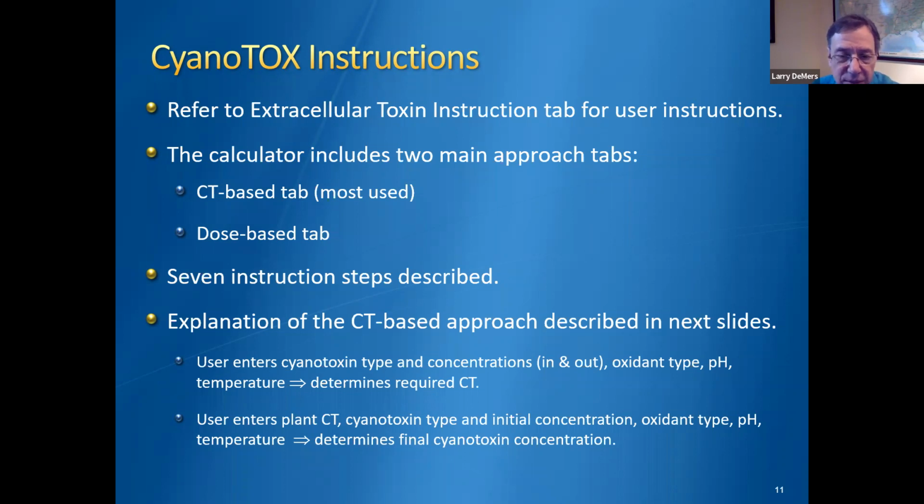You would enter what type of oxidant you're using, for example, chlorine or permanganate. As the table indicated, you need to enter your pH and your temperature. With that information entered, it will tell you what the required CT will be for your plant to get that level of performance.